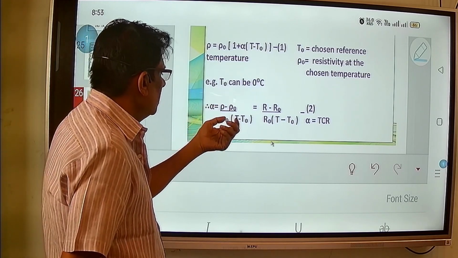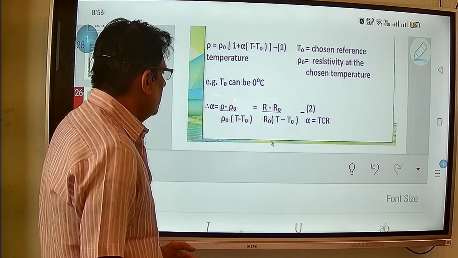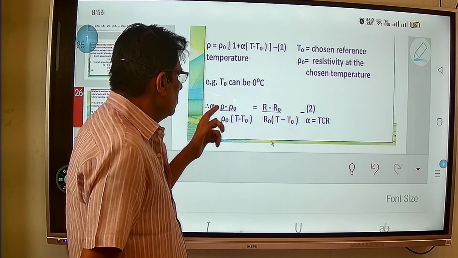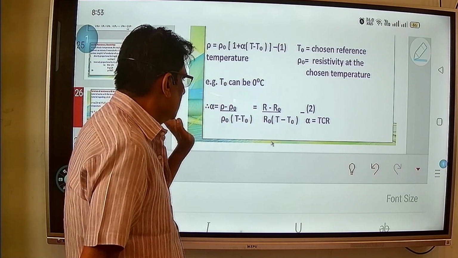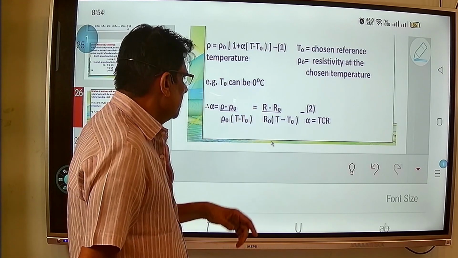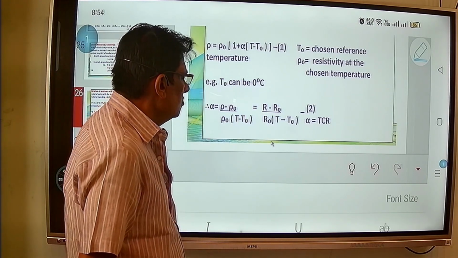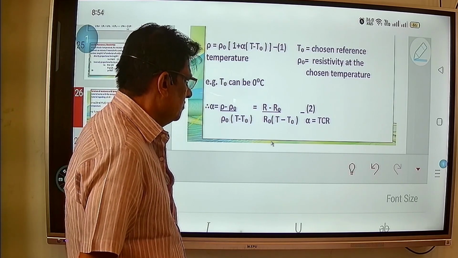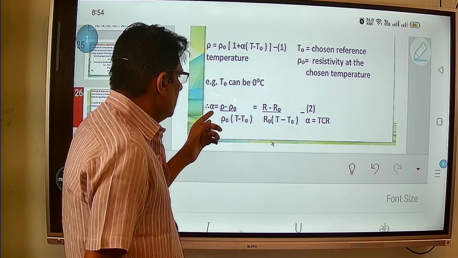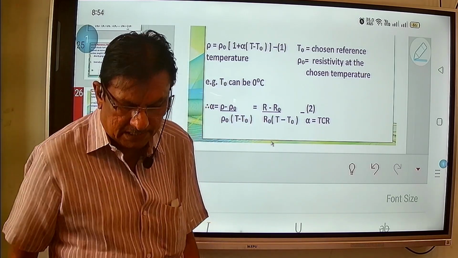If I want to write this same equation in terms of common resistance, then you only replace rho by R. Everything will be the same, and therefore we get a new equation: alpha equals (R minus R0) upon R0 into (T minus T0). We call this equation 1, and this alpha is called the temperature coefficient of resistance.